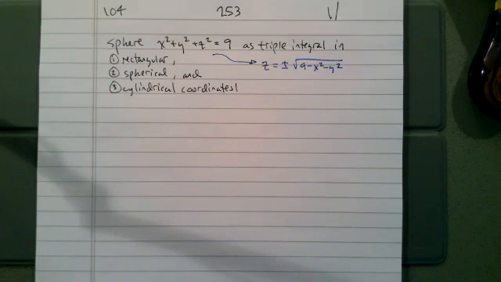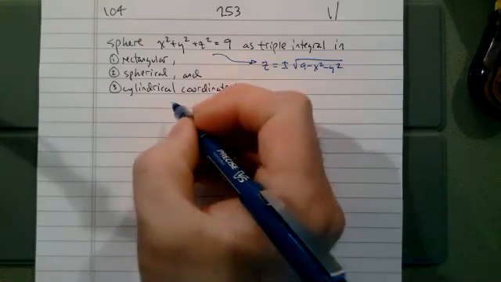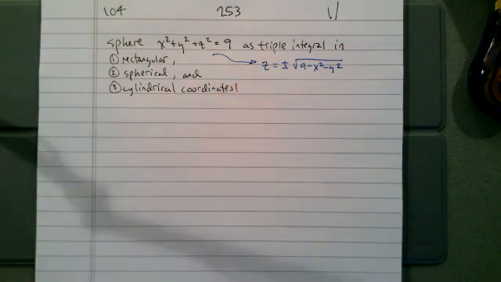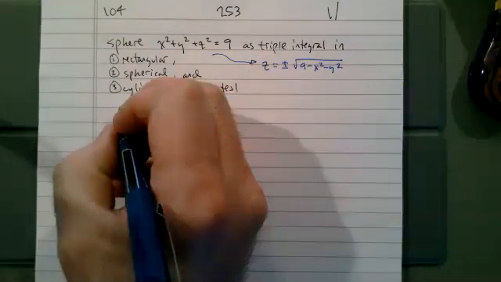So if you recall, cylindrical coordinates is just putting a z-axis on top of polar coordinates.